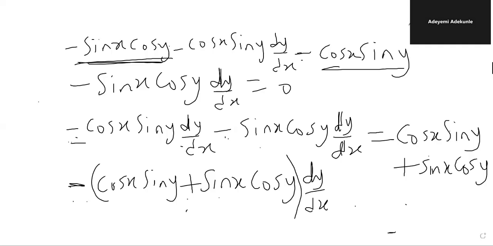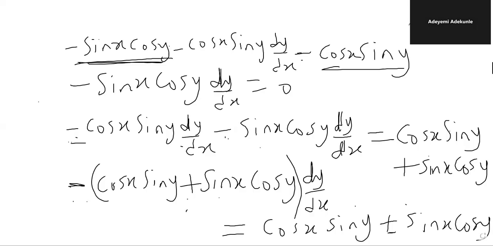Please don't forget, I told you that the bracket is very, very important. And which is equal to cos x sine y plus sine x cos y. So I believe you are following me very closely.